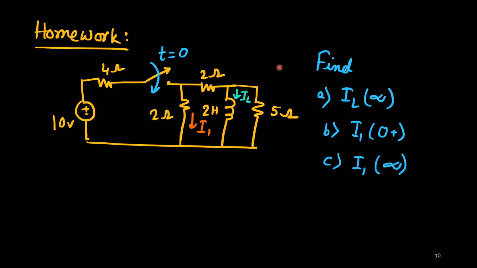With that information, can you solve this problem? Can you find out IL at infinity? And I1, this is the current I1 through the 2 ohm resistance, that is I1 at 0 plus and I1 at infinity.